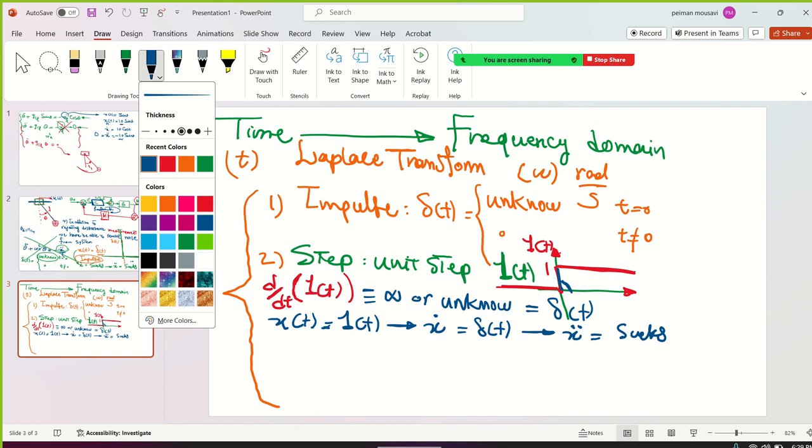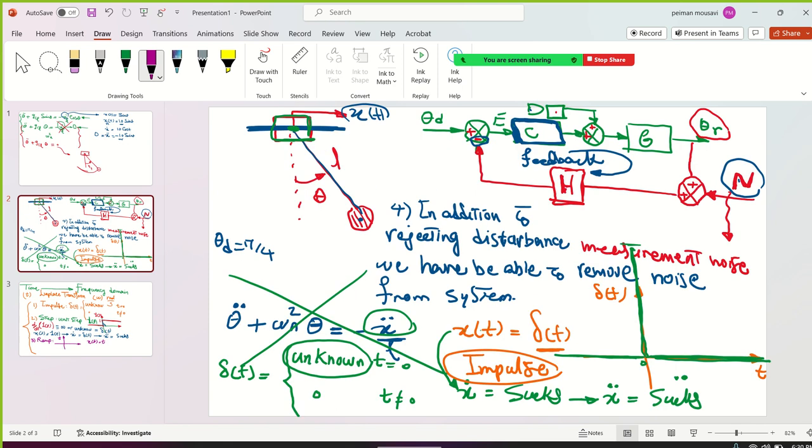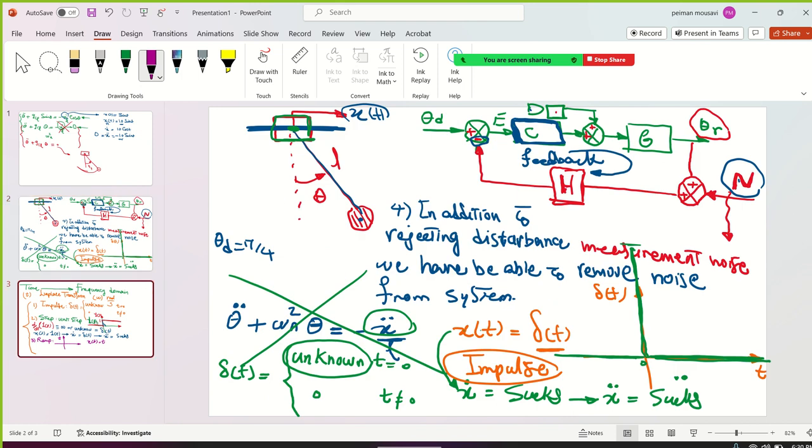The third input that we're going to deal with in this course is the ramp input. I bet you have seen this in your middle school, not in high school. It means your x of t is time. See, these are inputs to the system, but for the sake of disturbance, I'm saying x of t.